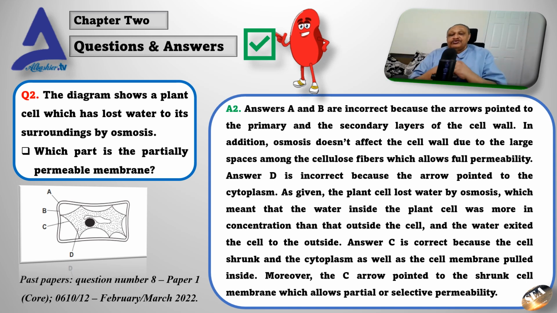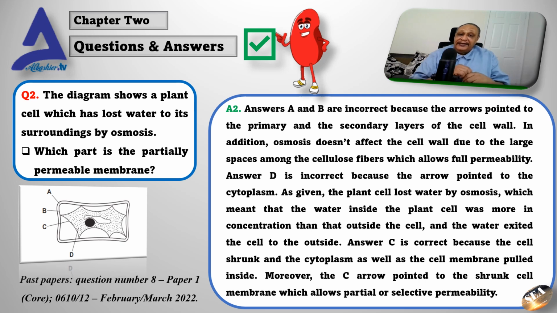I answer this way. Answer A and B are incorrect because the arrows pointed to the primary and secondary layer of the cell wall. In addition, osmosis does not affect the cell wall due to the large spaces among the cellulose fibers, which allows full permeability.